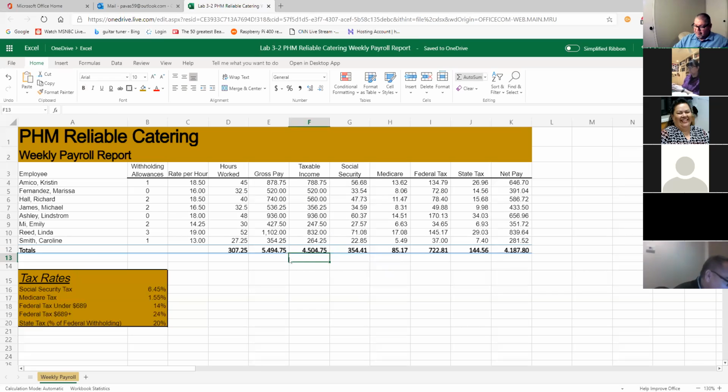And the textbook is 5,494.75. In here, there's a big difference. Like $1,000 difference. Okay, I'm not gonna worry about it because the numbers are correct.